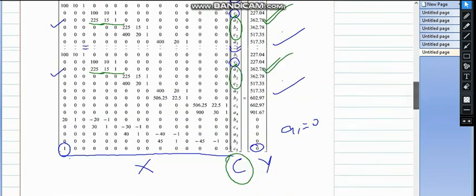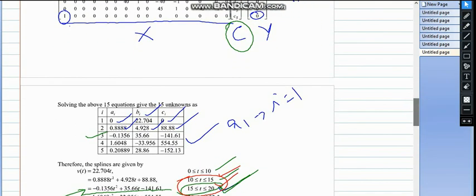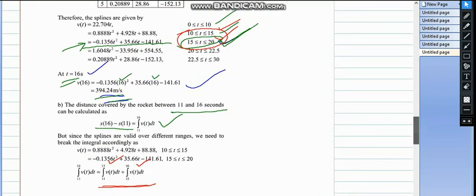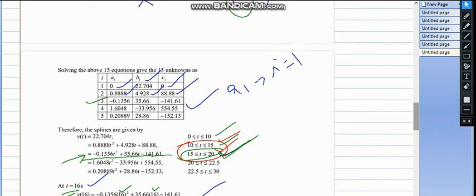In the cubic case we will have a little more complicated matrix, and anyway we have to solve for all those coefficients, find the equation for each spline and solve for different values of x. That will give you all the data points in that particular spline.